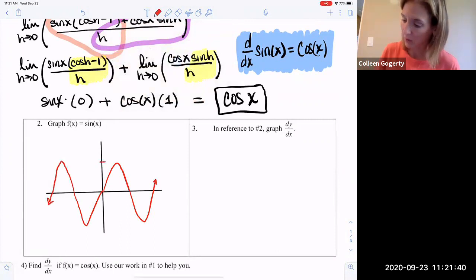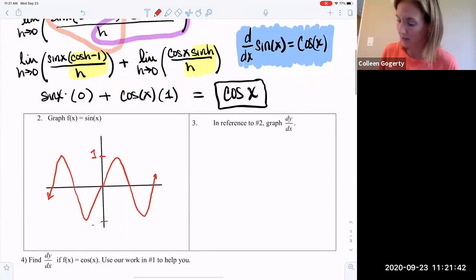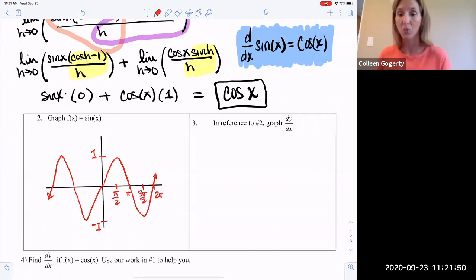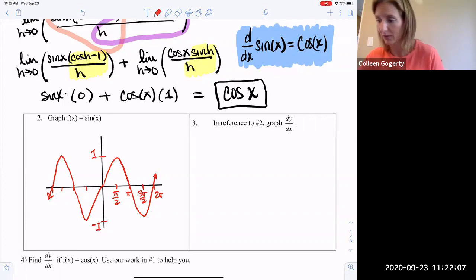We know the highest value is 1 and the lowest is -1. I'm hoping you feel confident that you can draw the parent function of sine without much work. My question now is, could you turn this into a derivative? So I'm going to go quiet here for a moment. I want you to take a second and draw the derivative of the sine function.